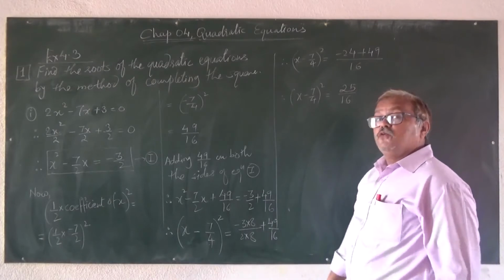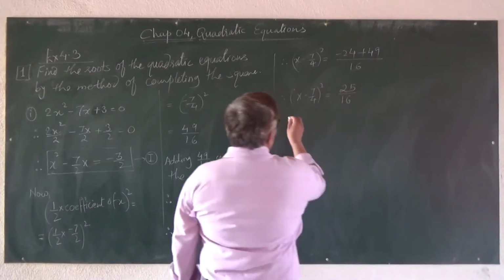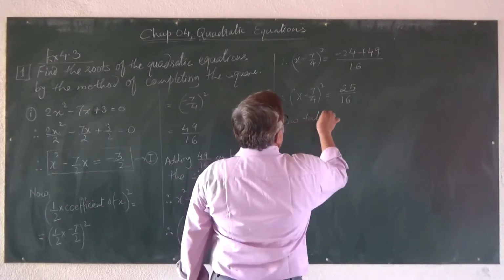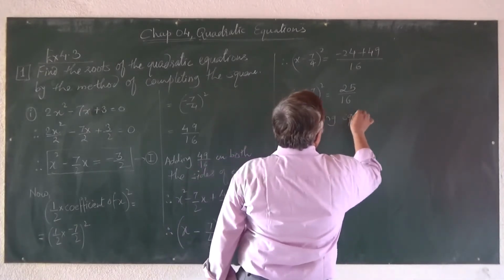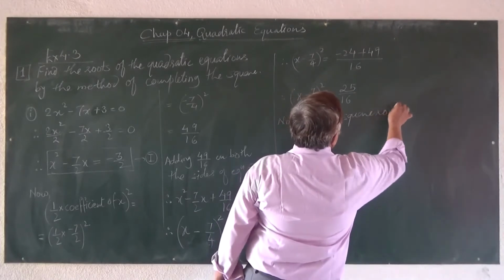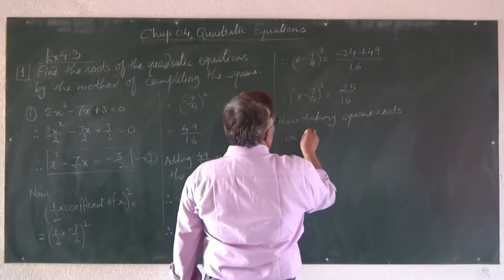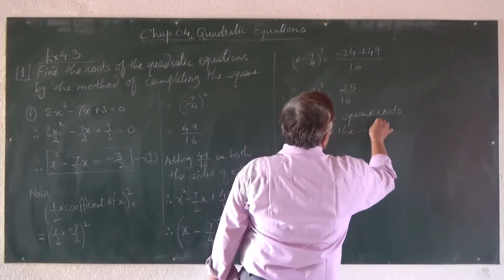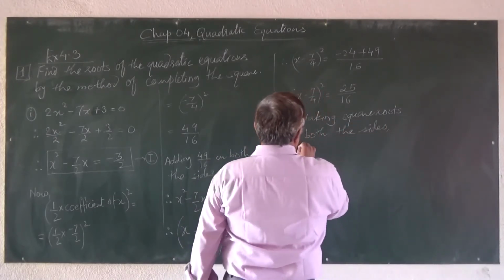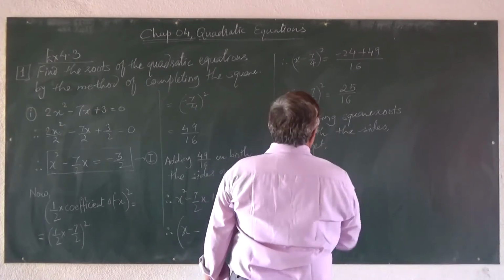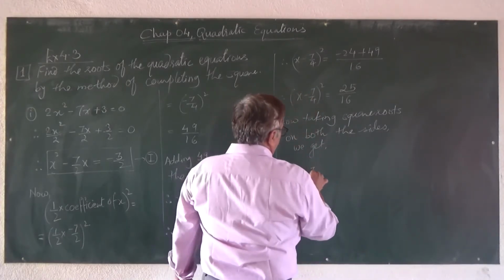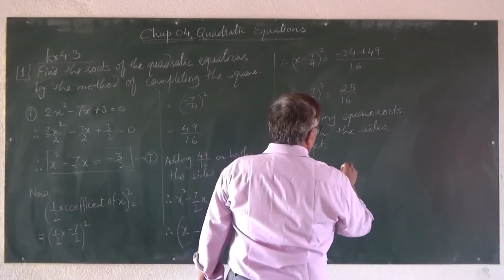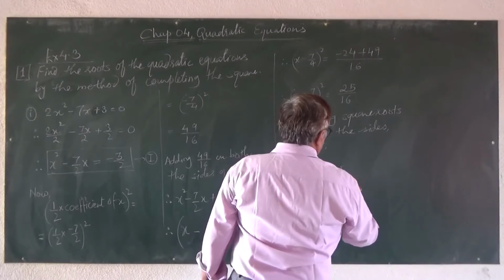Now taking square roots on both the sides, we get x minus 7 by 4 is equal to plus or minus 5 upon 4.